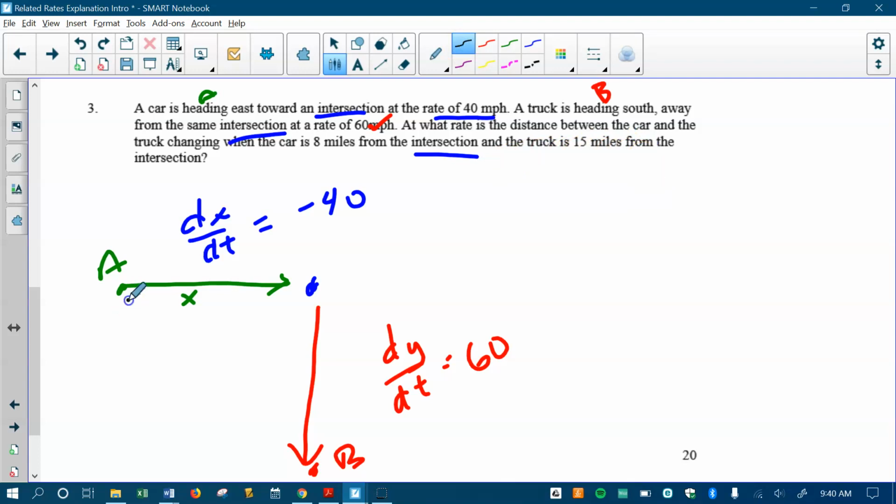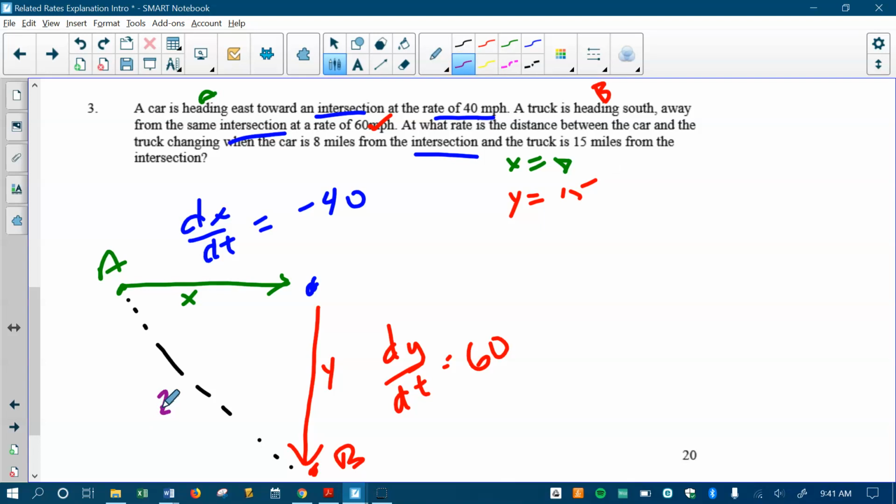Now, at what rate is the distance between the car and the truck changing? Well, here's the distance between the car and the truck at all times t. That tells me when the car is 8 miles and the truck is 15 miles. So let's put a y here. It looks like x is 8 and y is 15, and I do not touch that information until the derivative. Now, I'm also going to name a new variable. I'm going to call this side z.